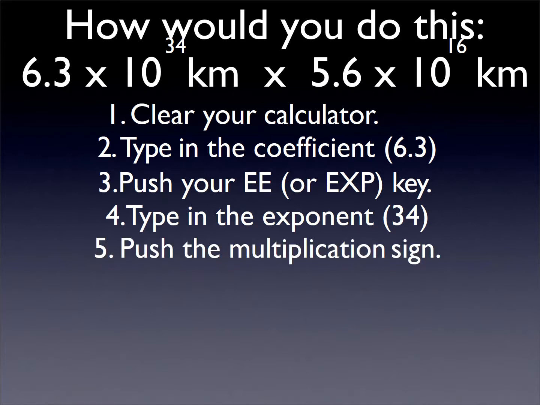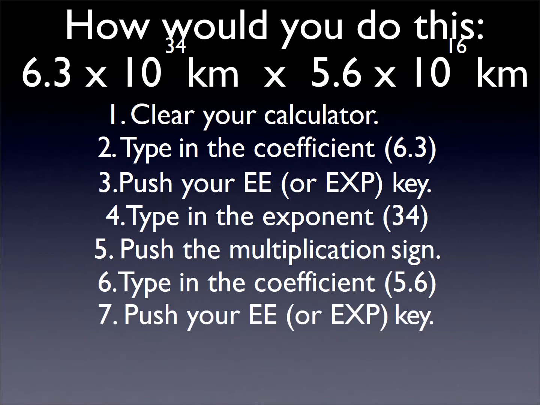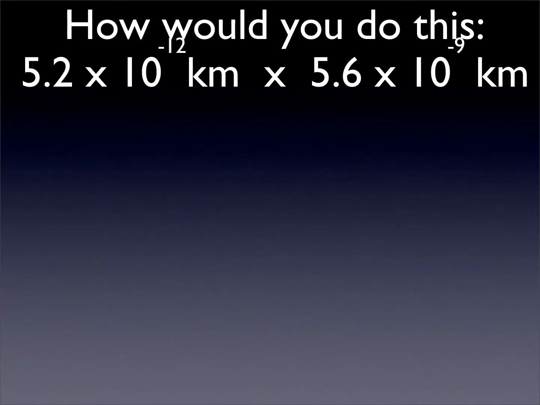Hit the multiplication sign. Hit 5.6, the coefficient. Again, then hit EE or EXP, and you hit the 16 exponent. Notice we didn't hit any tens number because that EE button is your times 10 function. Press the equal sign, and that's it.